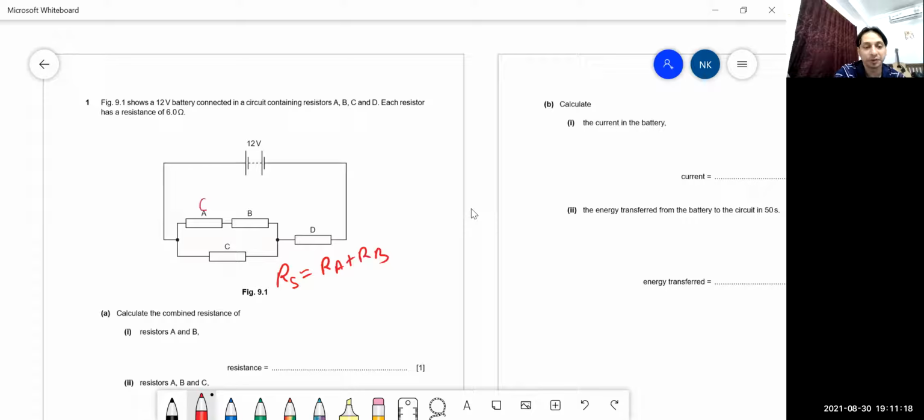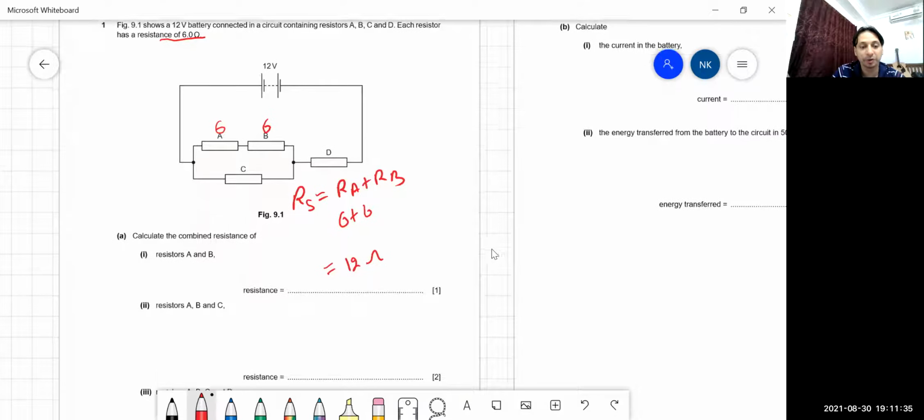Resistance of A is 6 ohm, resistance of B is 6 ohm, as given in the statement. So 6 plus 6 gives 12. So 12 ohm is the answer for question number 1, part A.